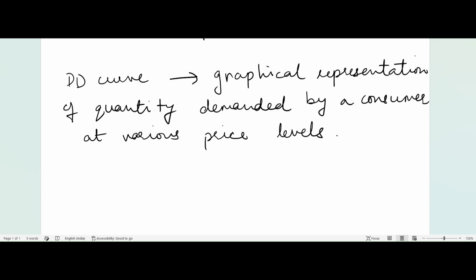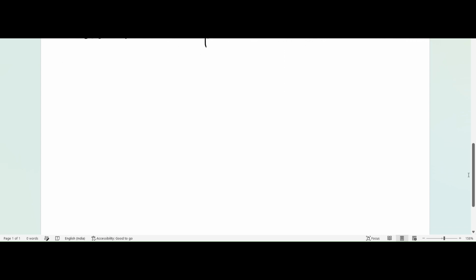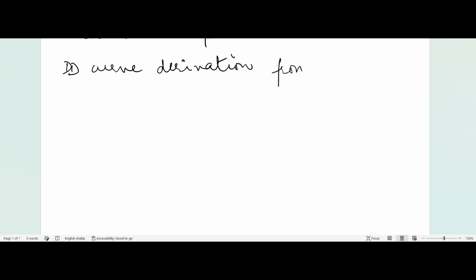Now, what we will do is very important and interesting for you, and you really have to understand how this demand curve is derived. So, demand curve derivation. Here we bring back the consumer theory that we had done: demand curve derivation from the marginal utility per dollar concept.